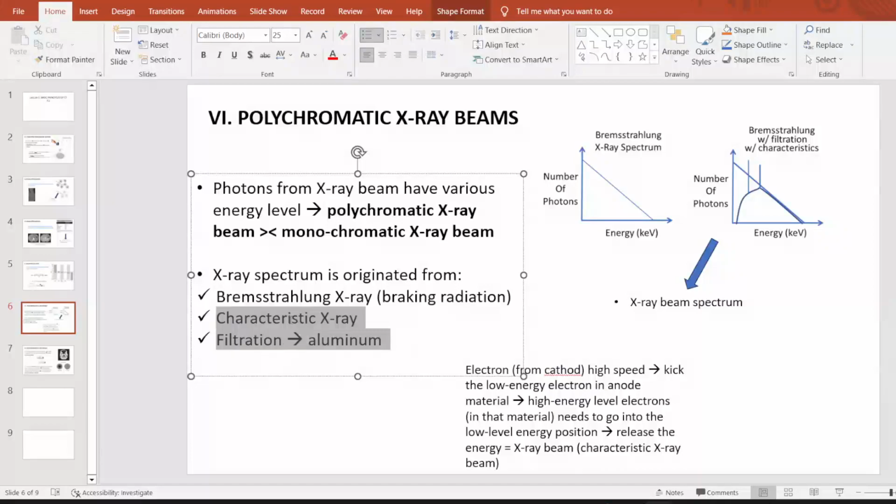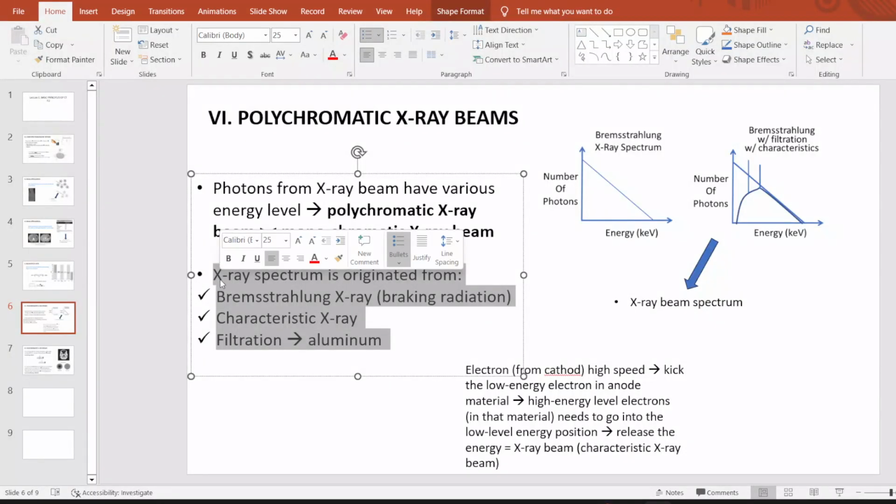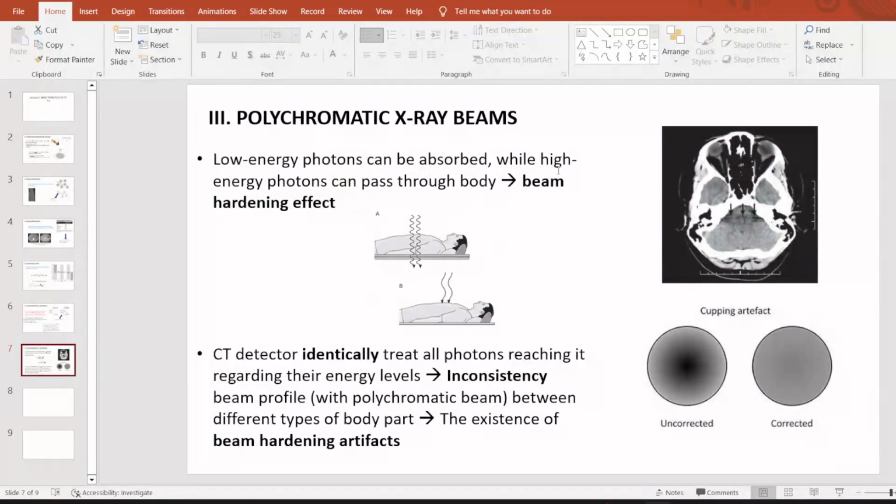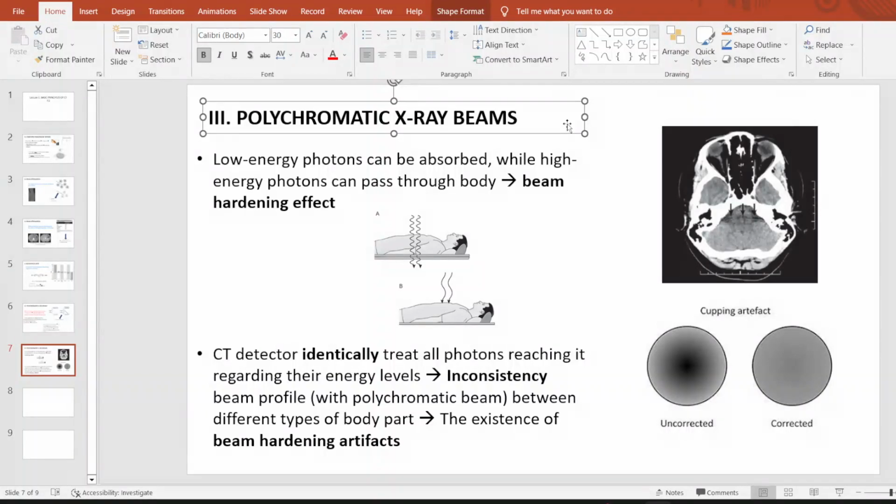And the other knowledge, I just want to let you know that everything has a reason why it comes to this result. Just remember this is the most important thing. This is core 2: the polychromatic X-ray beam usually results in the beam hardening effect.